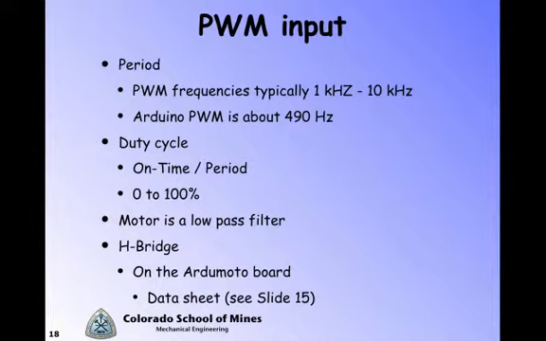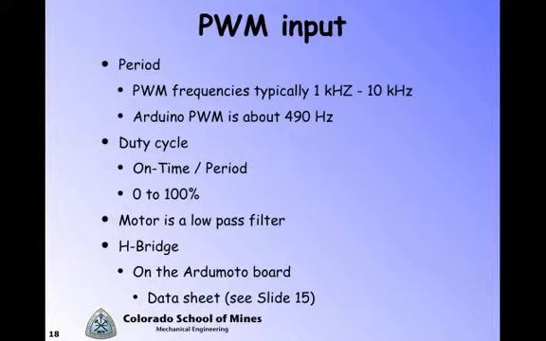In the case of the Arduino, however, the PWM is at about 490 hertz, which is entirely adequate to keep the motor running at a smooth rate. But as you can see, it's a little bit lower than you might run into on other systems. The duty cycle, as I previously said, is the ratio of on time to period and can run from 0 to 100%.